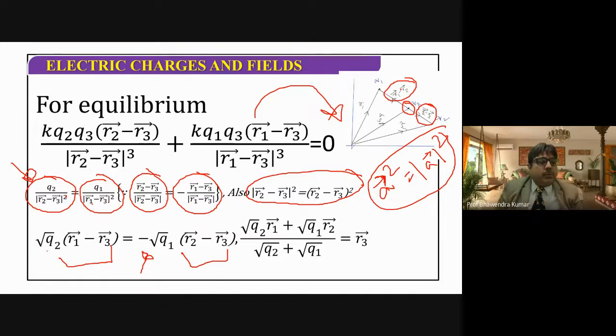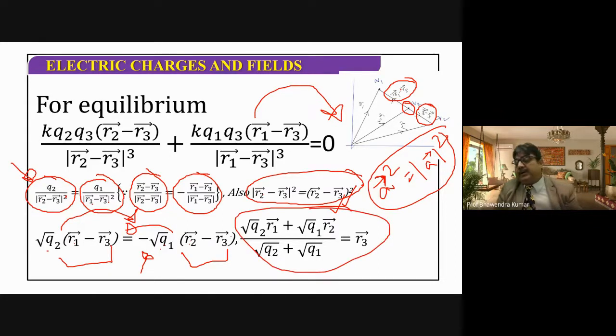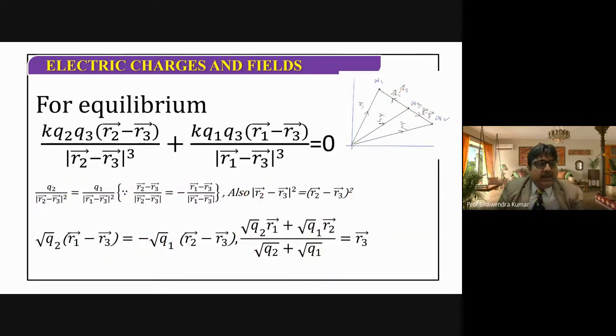So this root Q2 R1 and this root Q1 R2, if I shift it here, it will be added. Can you understand it? And this is root Q1 R3, and from that side, root Q2 R3. R3 can be taken common, and this is the value of R3. Look at it carefully. Okay. If there is any difficulty, please ask.